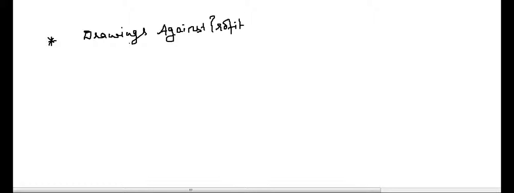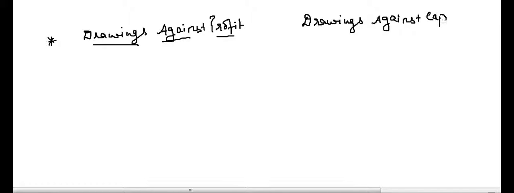Okay. And there is another term, drawings against capital. Now what is the difference between these two terms?